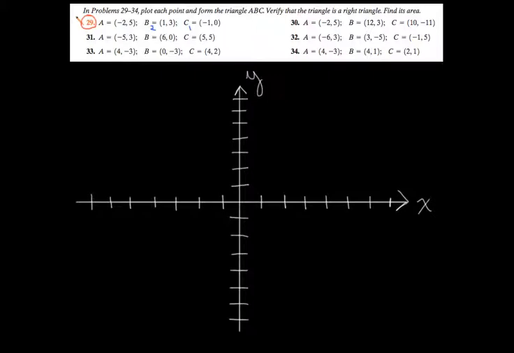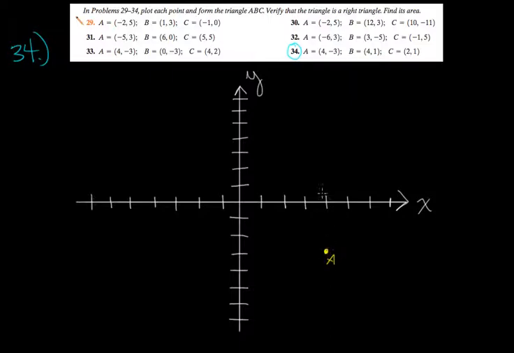Alright, so let's do, what's a good one? Something that can fit on this coordinate plane. We'll do 34. So A is 4, -3.